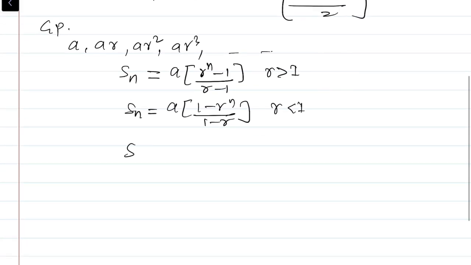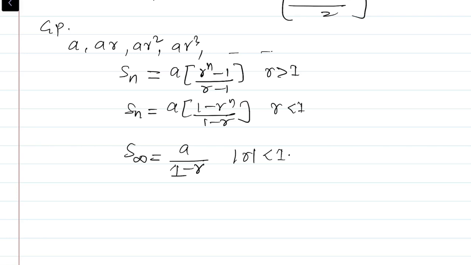And when there are infinitely many terms, the sum is A divided by 1 minus R, provided the absolute value of R is less than 1. All right.